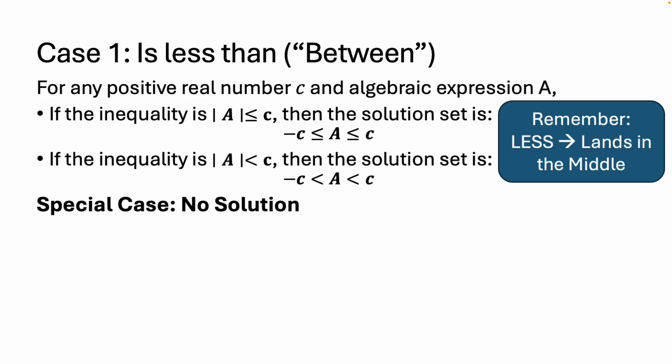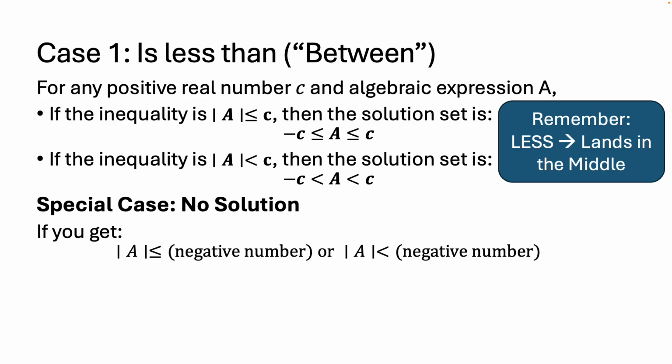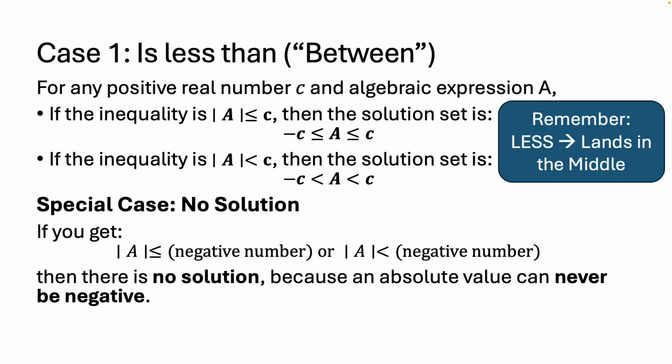There is a special case here that has no solution. If you get that the absolute value of the algebraic expression A is less than or equal to a negative number, or the absolute value of A is less than a negative number, there is no solution because the absolute value can never be negative. For example, let's say you were working the problem, the absolute value of the quantity 2x plus 3 is less than or equal to negative 5.